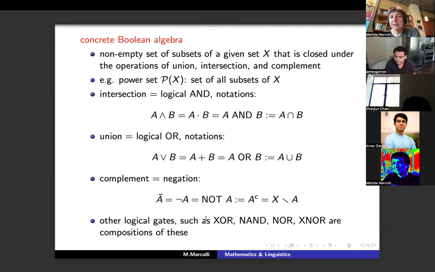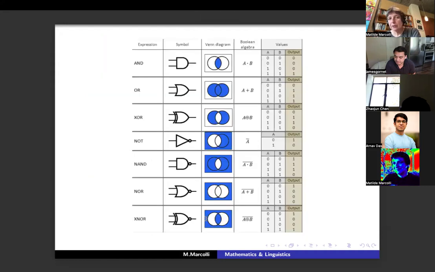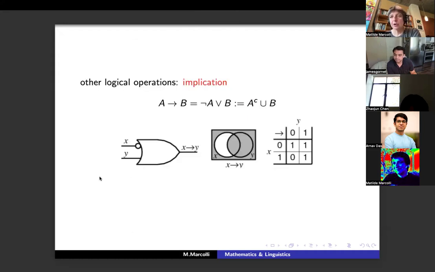The other logical gates are obtainable as compositions of these basic operations, which you can write as Venn diagrams if you like pictures. The logical implication is also a set theoretic operation: A implies B means A complement union B.